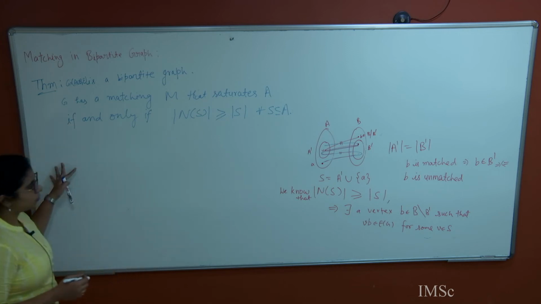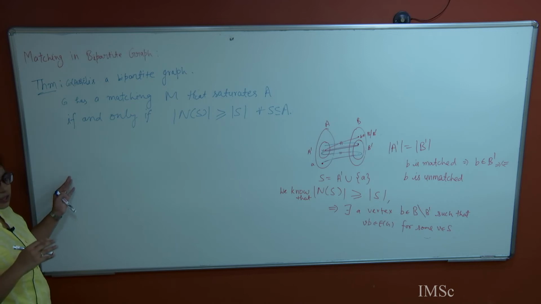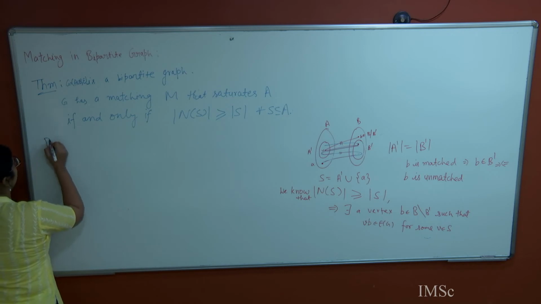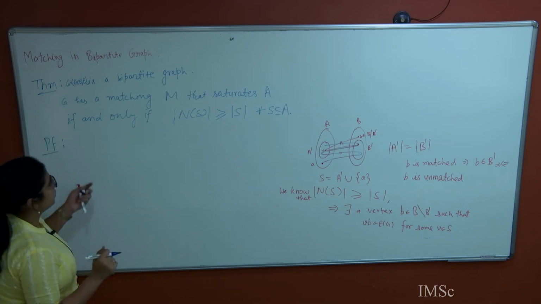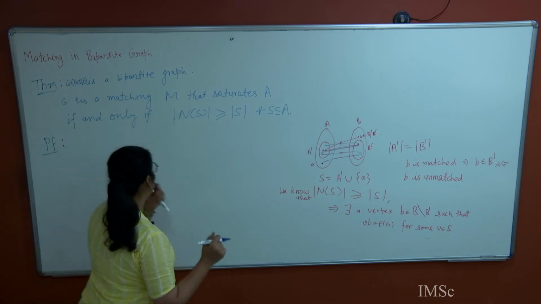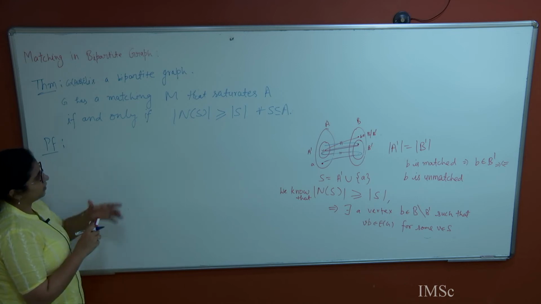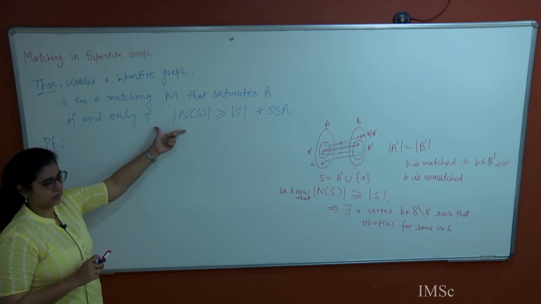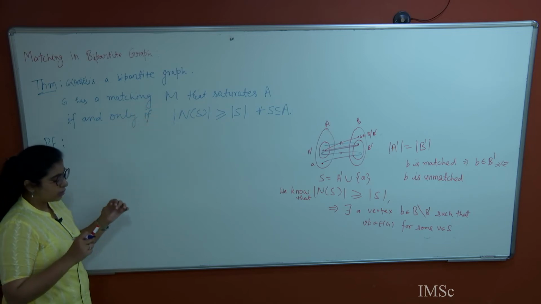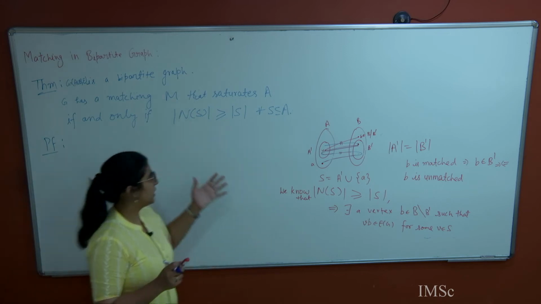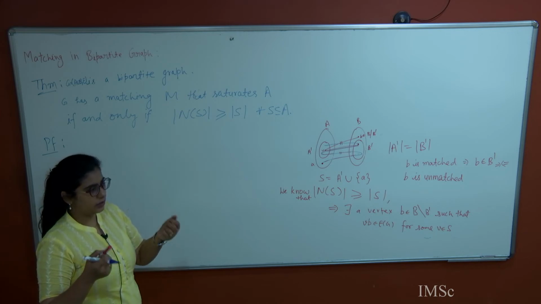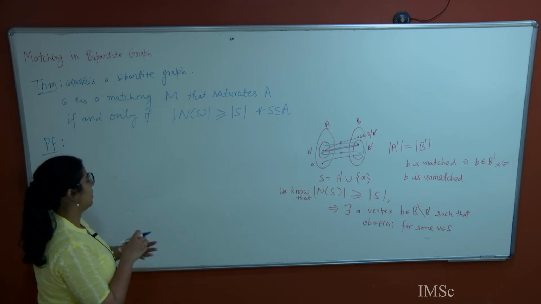So, we can prove this theorem in multiple ways, like the sufficient condition. You can also prove it by induction. Okay. So, I will give one more proof, not by induction. Induction you can try. So, we know that now our Hall's condition is satisfied, and we want to prove that there is a matching which saturates A. So, we will look at all the graphs which satisfy Hall's condition, and we will take the minimal edge subgraph.